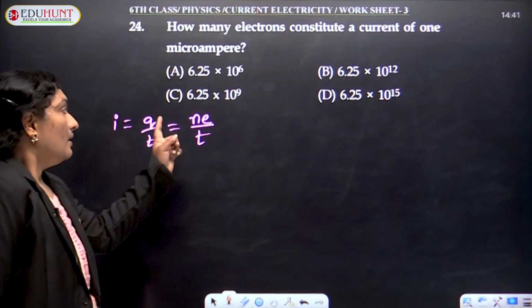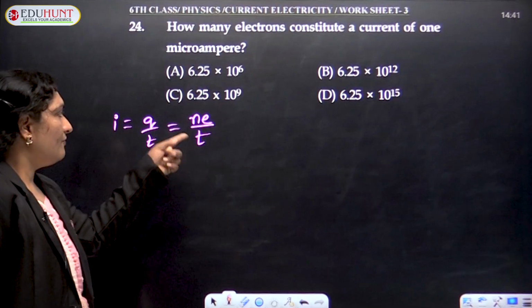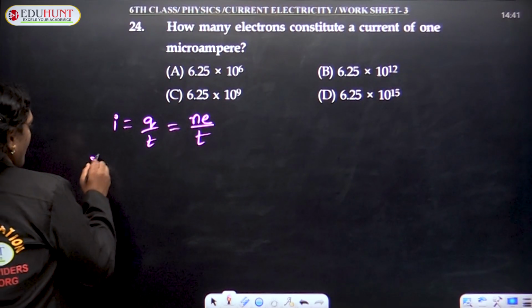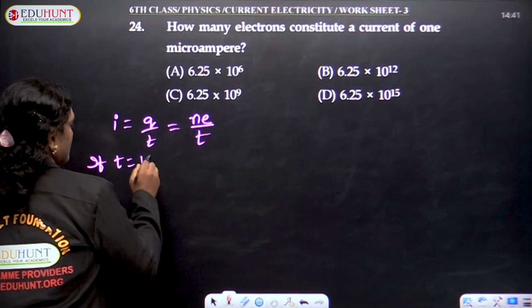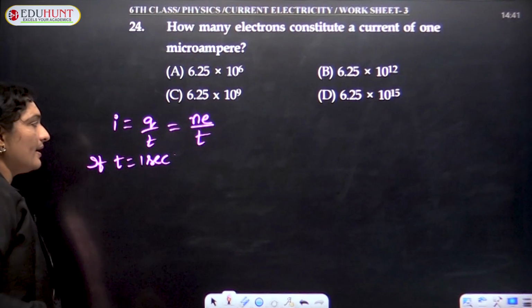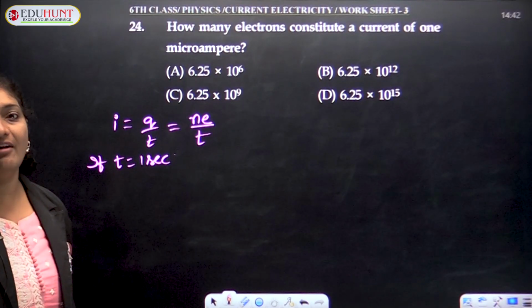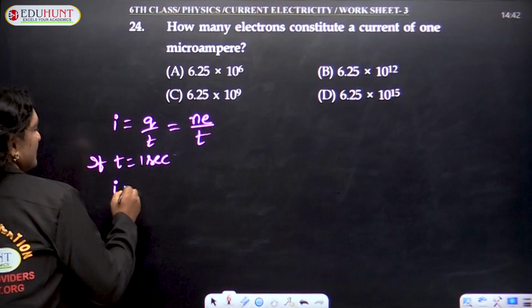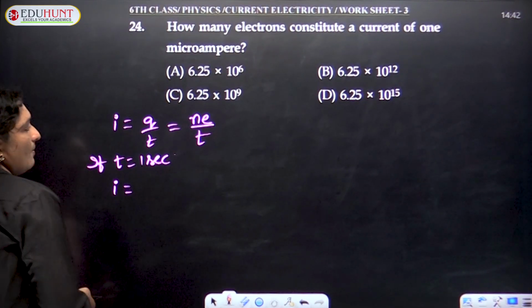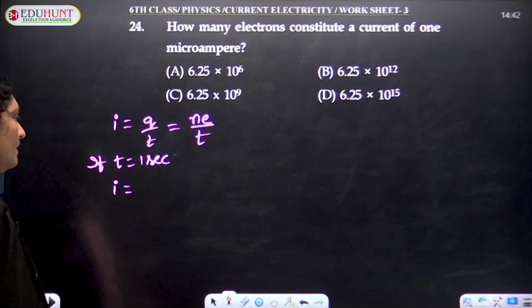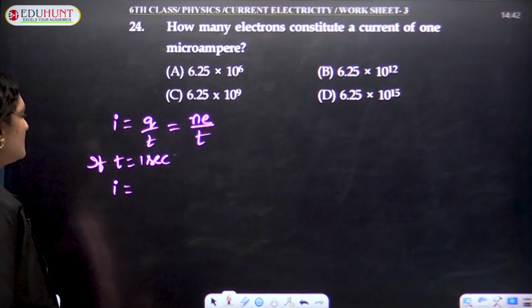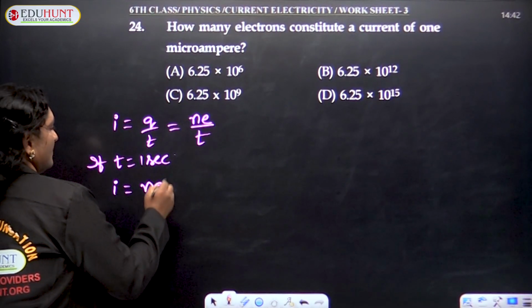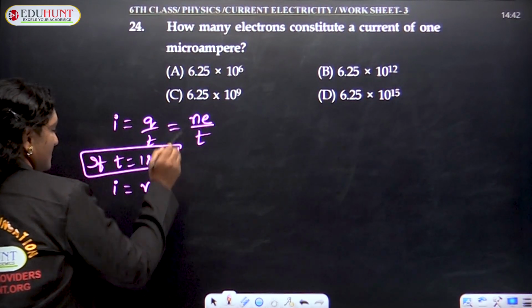Okay. And if T is equal to 1 second, in 1 second how many electrons would have flowed through the conductor? Then the value of I must be equal to N into E. I can be written as N into E whenever T is taken as 1 second.